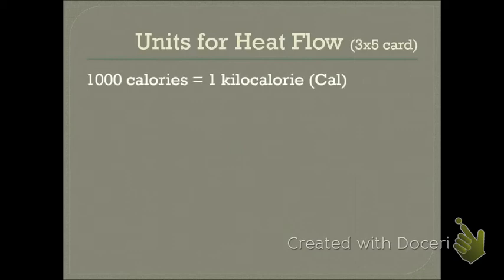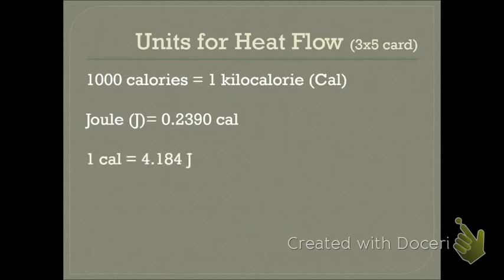So, again, the units for heat to flow, 1,000 calories is the same as 1 kilocalorie. Notice the kilocalorie here has a capital C-A-L. I'm going to explain that to you. Whereas the calorie, which is what we were looking at as a unit of heat, is just a C-A-L, and it's a lowercase. So please keep note of that. 1 joule is the equivalent of 0.2390 calories.